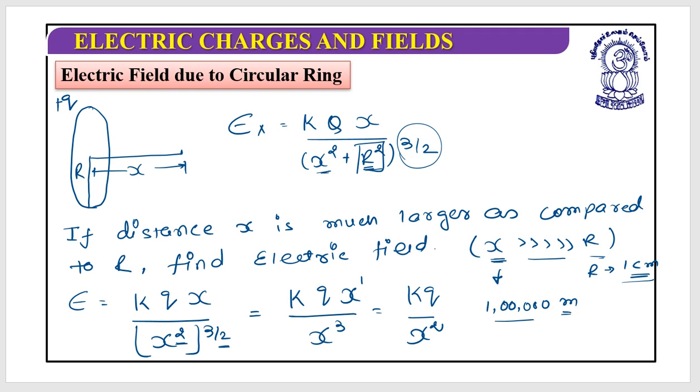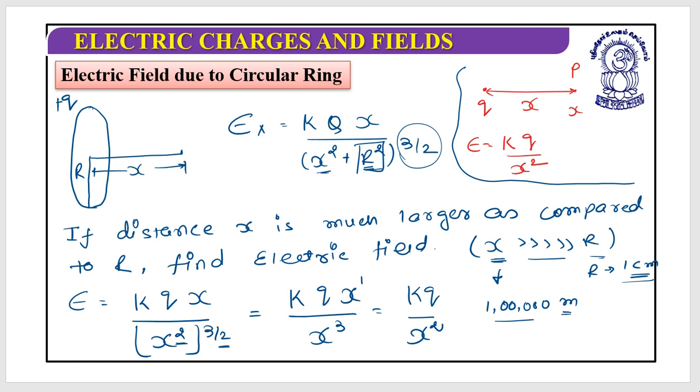Can you compare this with any results? Because this is very important to understand logically as well. Don't you think this is the same? Let's say this is q, this would be the distance x, and at this point you require an electric field. This is the distance x, so this would be k q divided by x square.